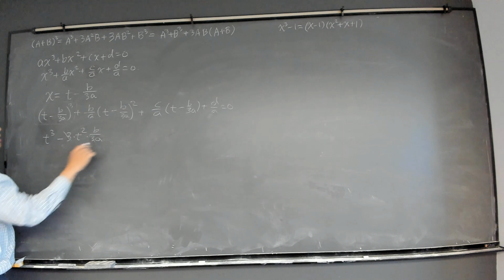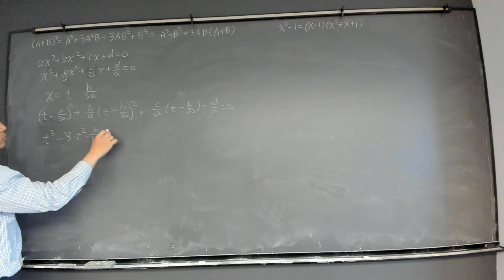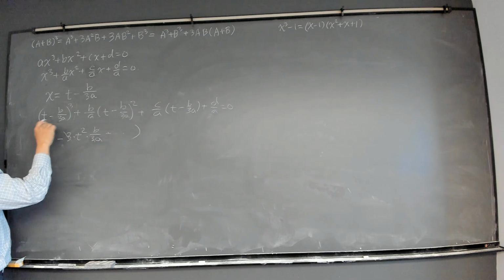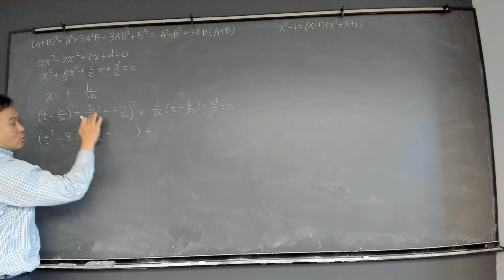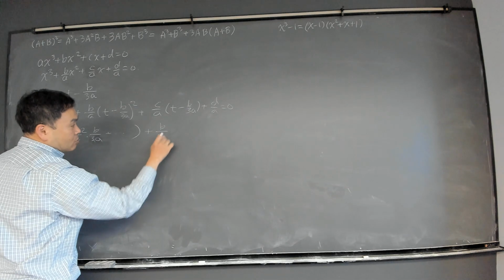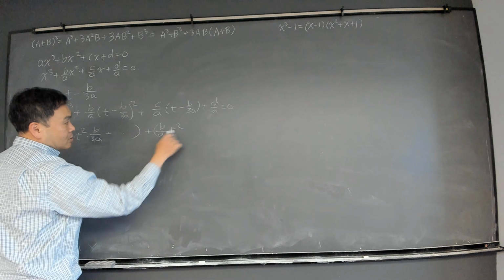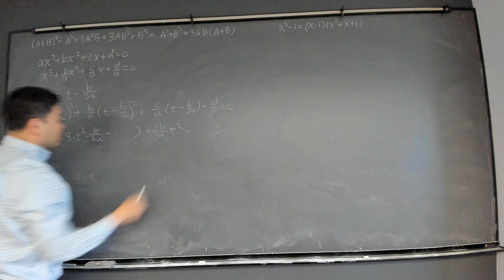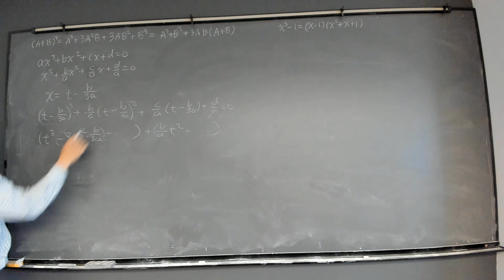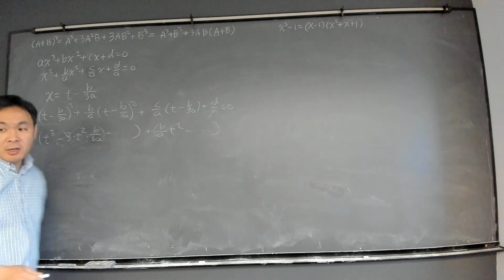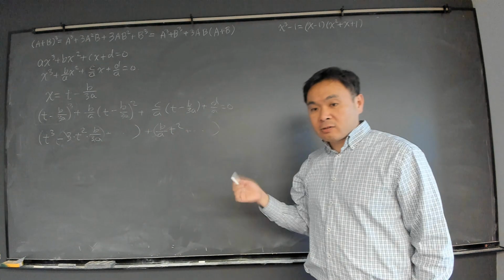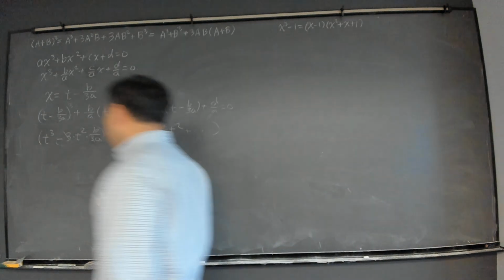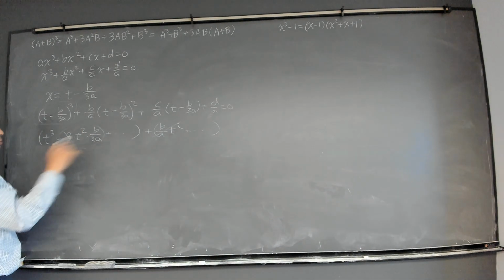So that these two cancel, and then you will have some other things from this first guy, but then over here you have t squared with b over a, so you get b over a t squared as the next guy, and then plus something. And you can see that these two are going to cancel, and those two places are the only source of a t squared term.